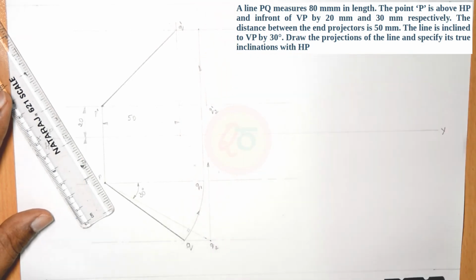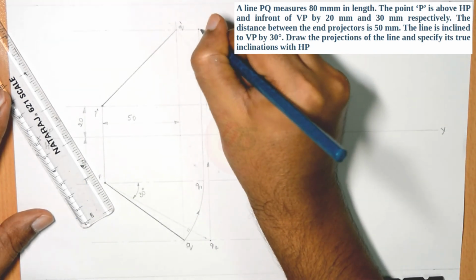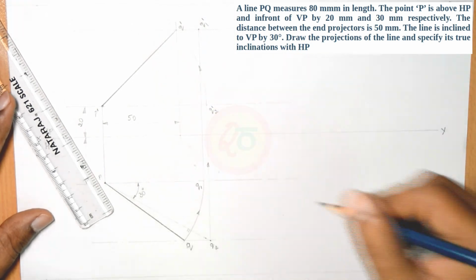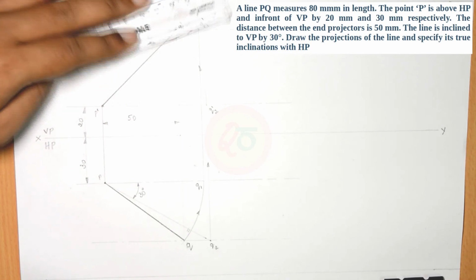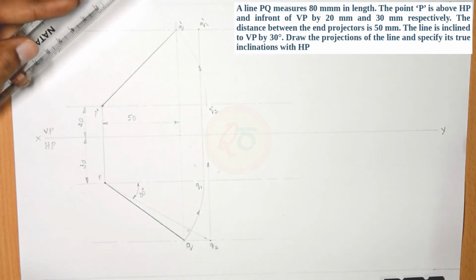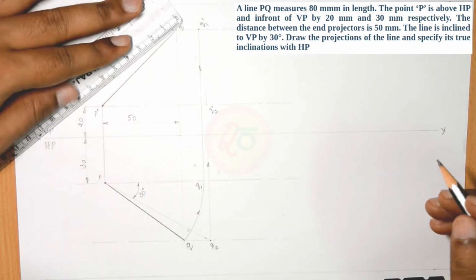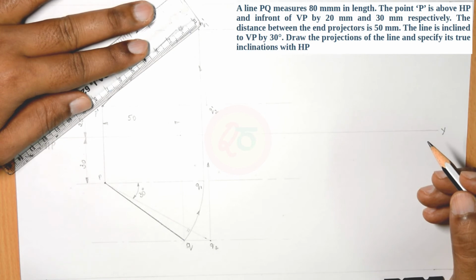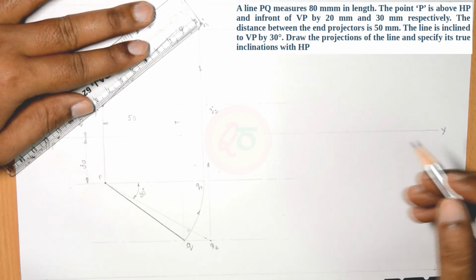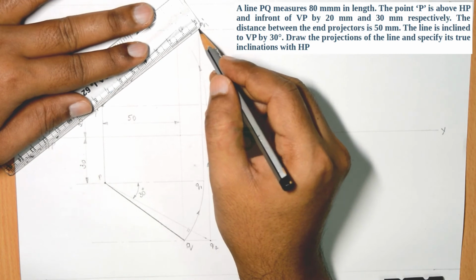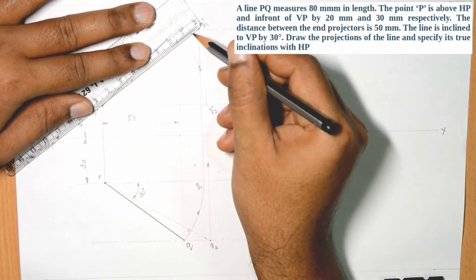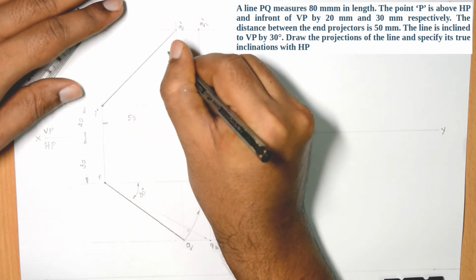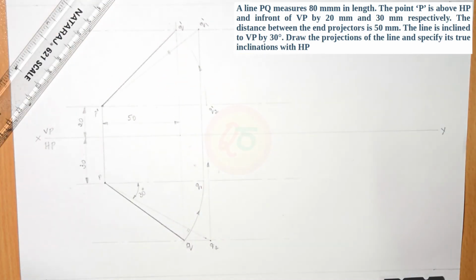This point is Q1 dash. The line that connects P dash and Q1 dash is the true length in the front view, and the inclination that you get is the inclination with respect to HP. If you measure, the distance is still going to be 80 mm. With your 2H pencil, draw two lines on it to say that it is a true length line.